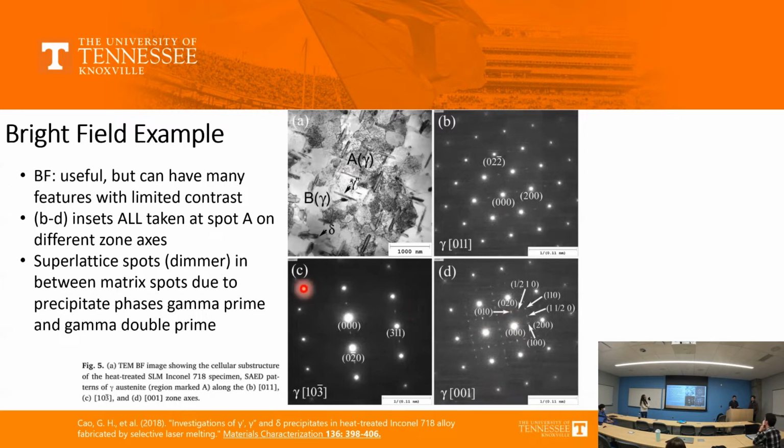This is just to highlight that bright field is useful and can give you an overview of what's happening, but on its own, you need other techniques to break that apart into its constituent components. Do you have something, Shradha?